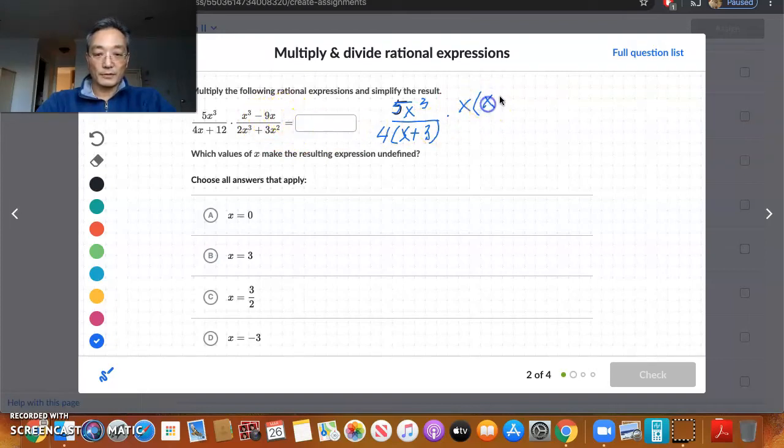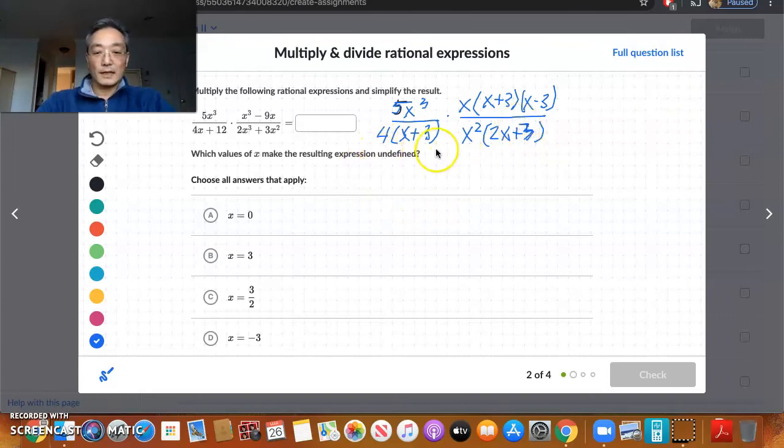So I'm just going to factor it on the spot: x plus 3, x minus 3. All over, and it looks like we have an x squared as a common factor, leaving us with 2x plus 3.